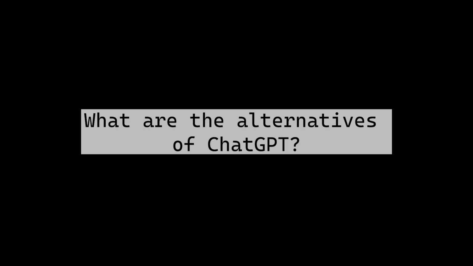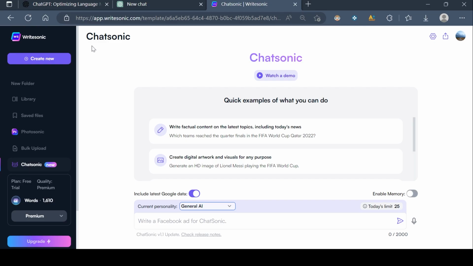What are the alternatives of ChatGPT? So I stumbled upon ChatSonic. Though it runs on ChatGPT, it has live access to the internet and thus overcomes one of the limitations of ChatGPT. There's a limit on the number of free responses you can get.